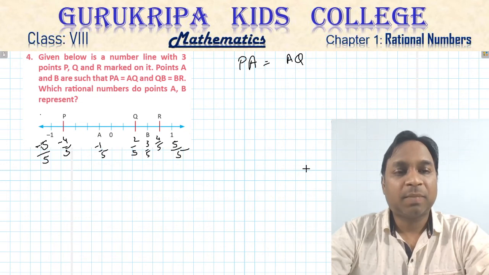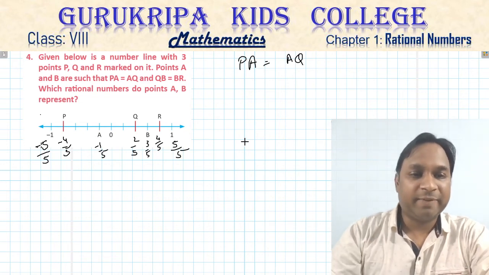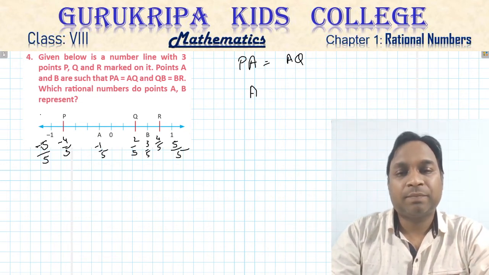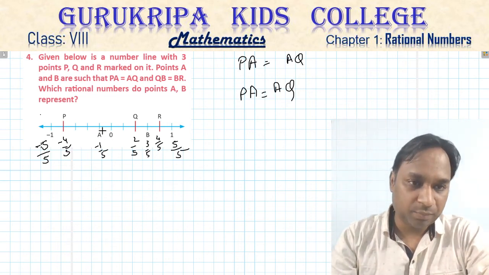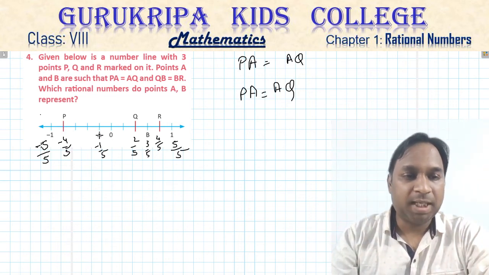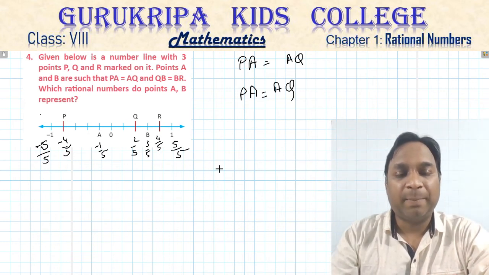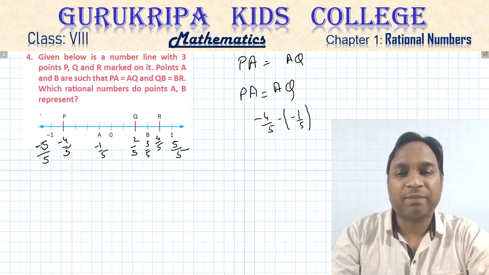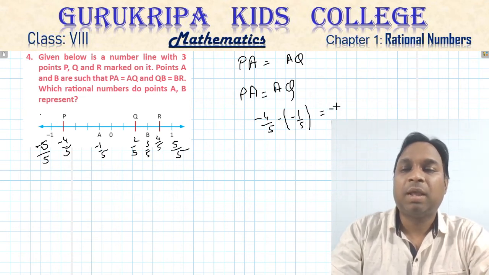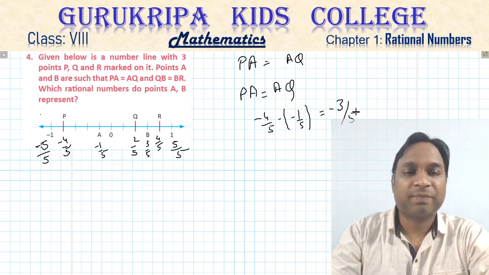Now, just see, is it valid? PA is equal to AQ. What is PA now? PA is minus 4 by 5 minus of minus 1 by 5. That is equal to minus 3 by 5.